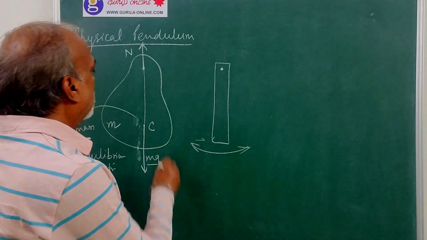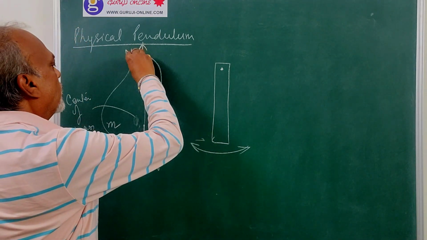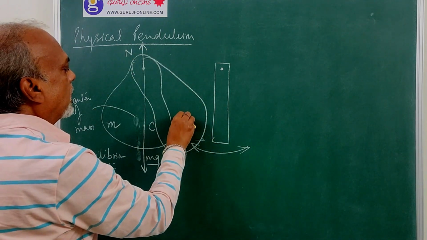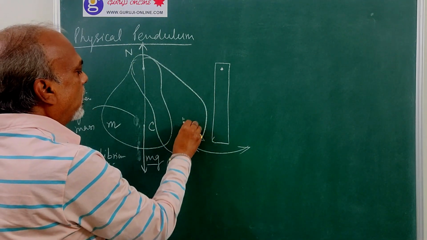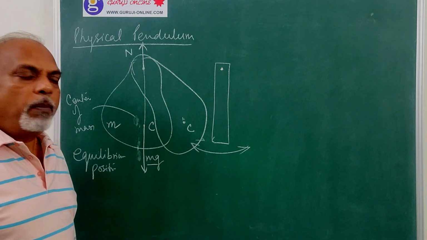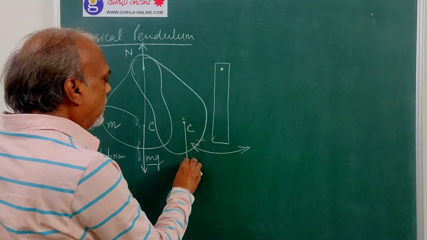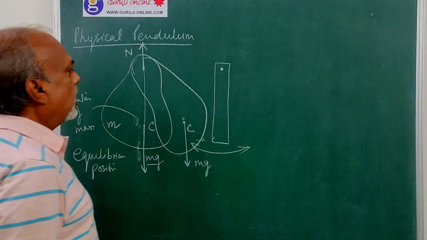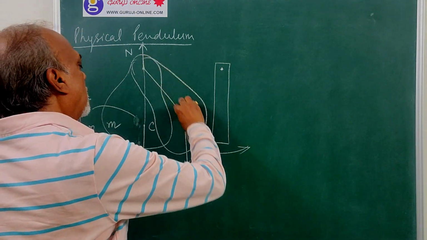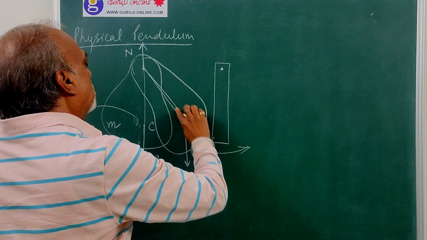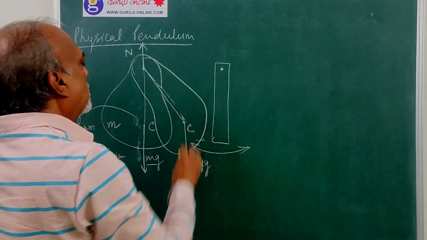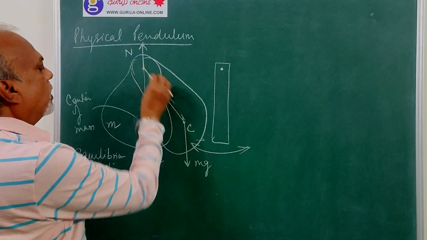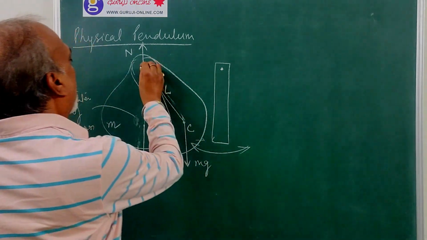Now suppose you just push it, and suppose your body is in this fashion and your center of mass is here. So what will happen? It will have a gravitational force. Suppose this is the distance L between the center of mass and this point.